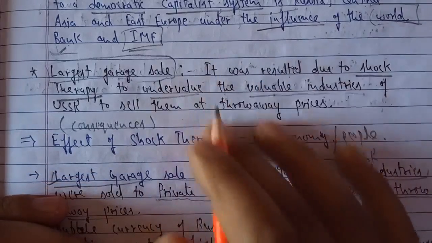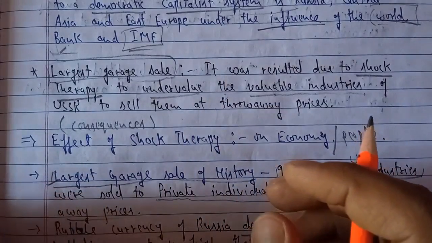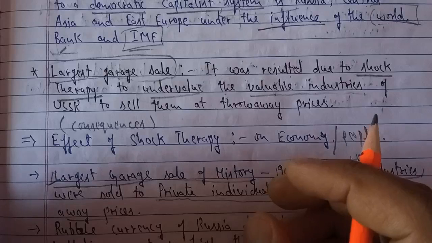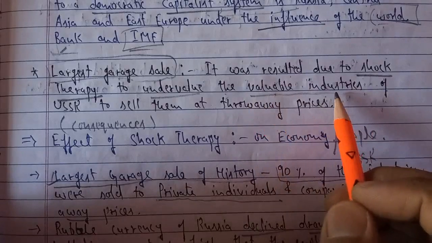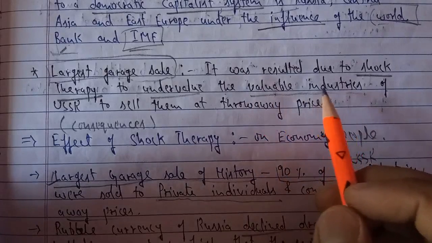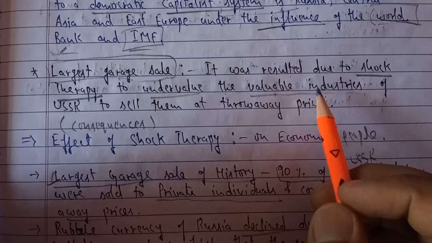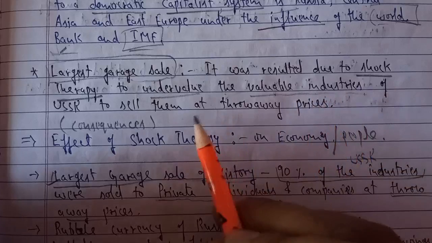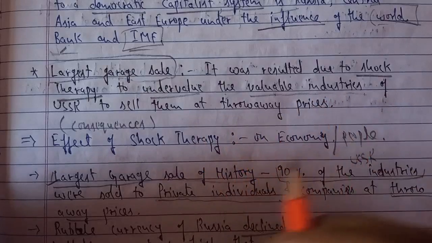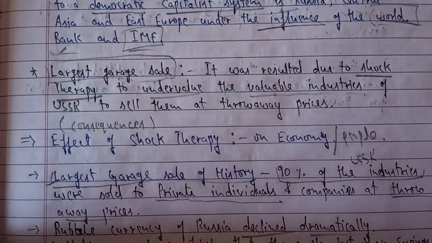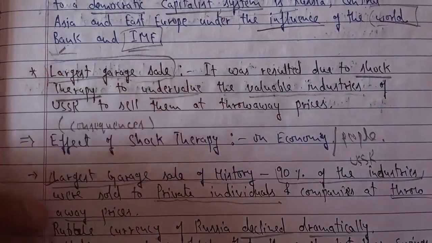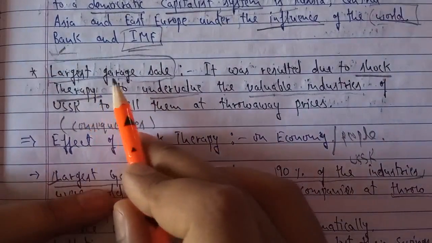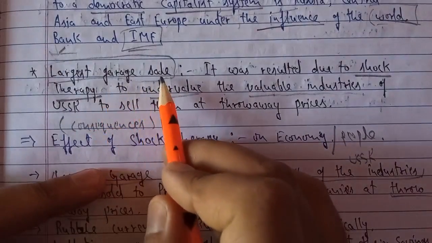It means the industries which were under the government, under the Communist Party during USSR, survived, but after its disintegration those very valuable and important industries were sold at very cheap prices. That is why we say largest garage sale of history. In history we call it the largest garage sale.